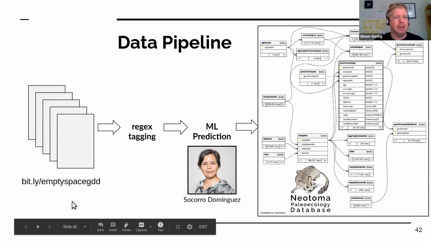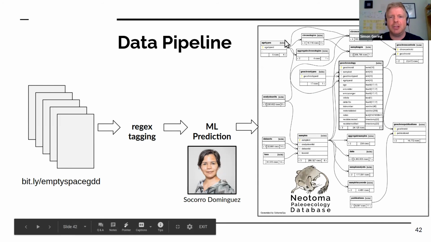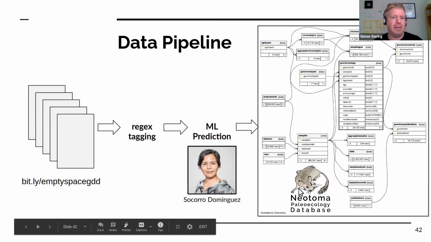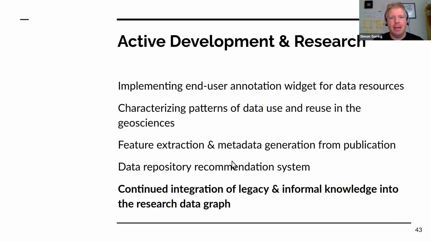So there's a link to a GitHub repository that Socorro has been working on, but basically going back to journal publications, doing some machine learning prediction from regular expression tagging, and basically saying, given a database's metadata structure or a data structure, can we find information in these publications to build metadata stubs for eventual acquisition by that database? That's a more complicated problem, but it's a really cool problem, and we're making some pretty interesting advances there.